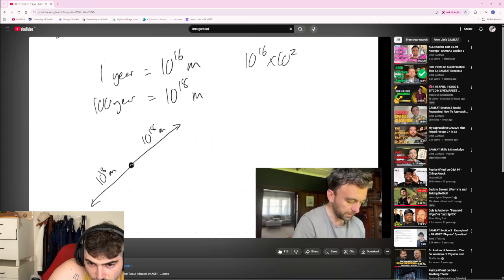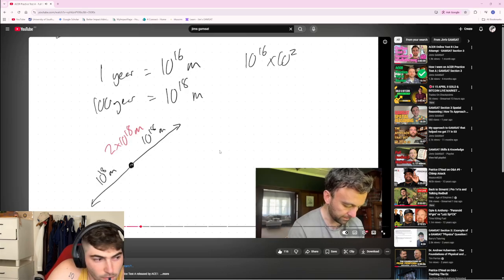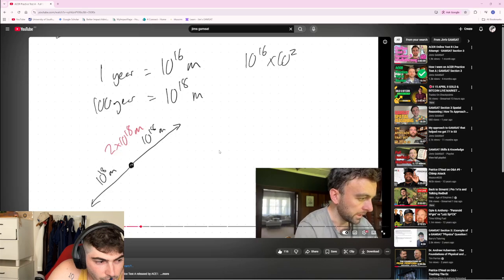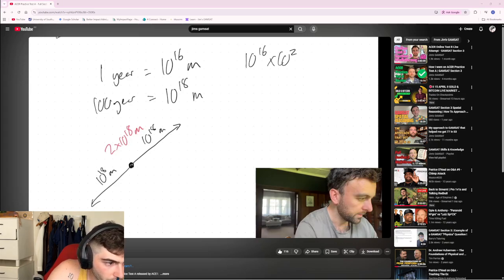So it'd actually be 2 times 10 to the 18 meters. That's what I thought it was for that one, which is answer B. Not B though. Okay. B, so I think he's got it wrong. Unless I've got it wrong.